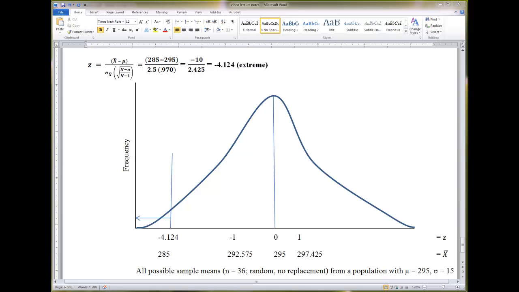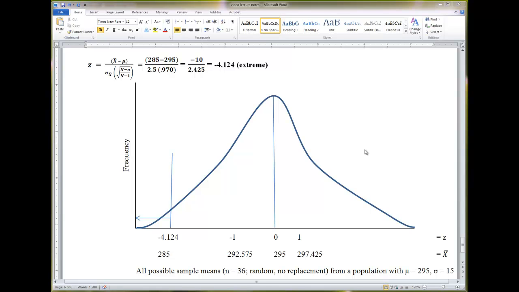And the standard error that we've been calculating, this one here, or this one if you're doing sampling without replacement, is the expected difference between any given sample mean of a specific sample size and the population. So it's just a measure of sampling error that's used in the Z formula for the mean.